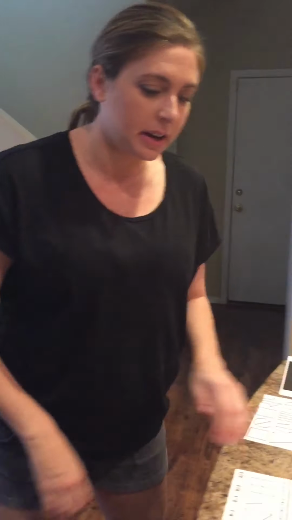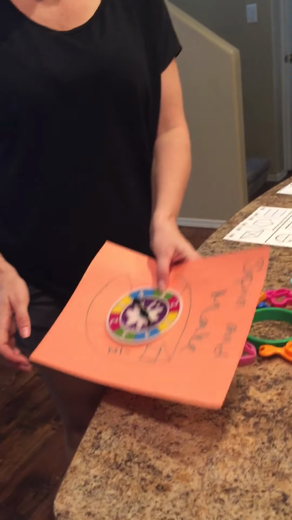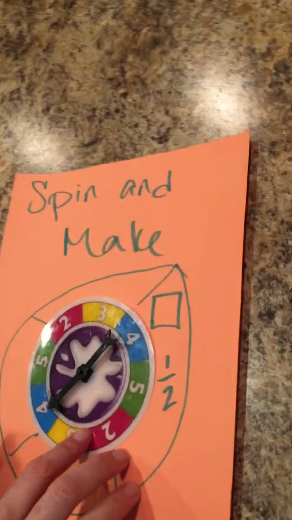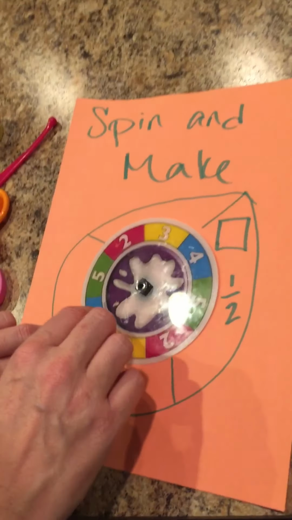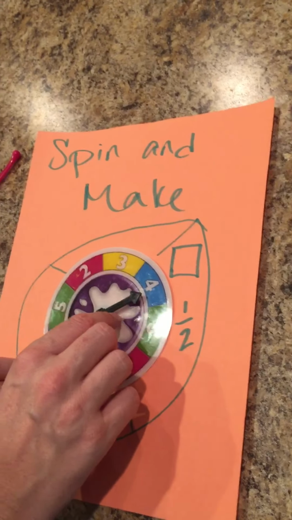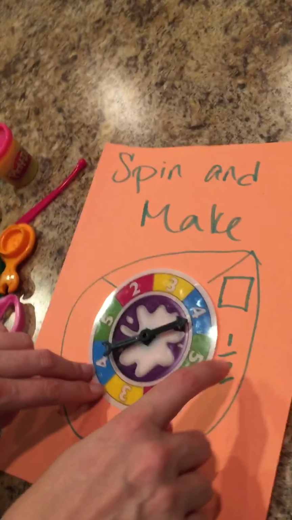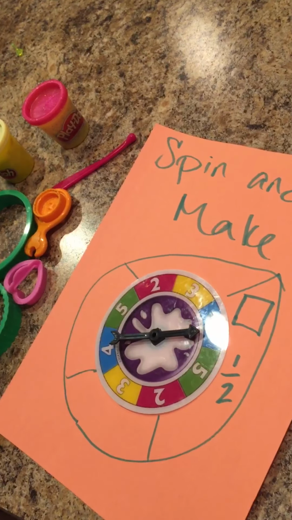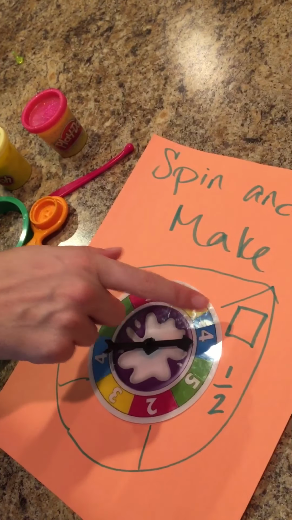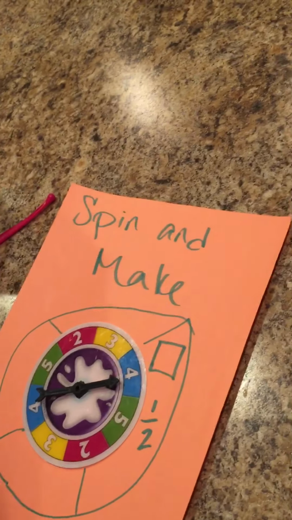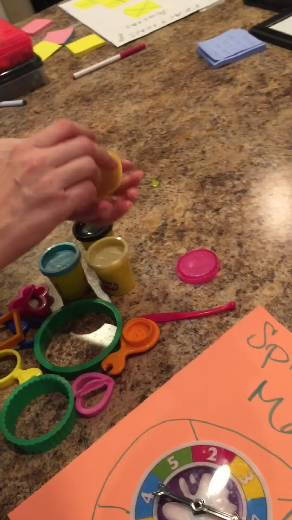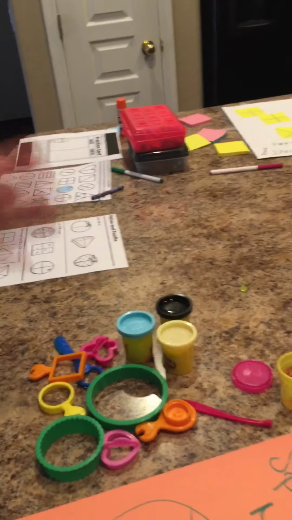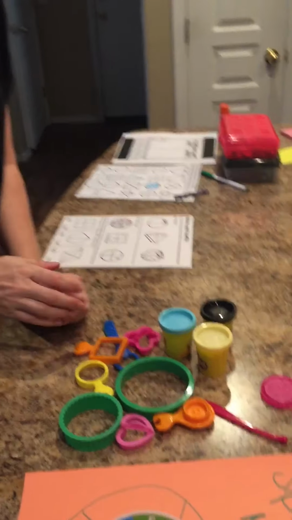All right, in our next station, we're going to have spin and make. So you'll be with a partner in your table groups, and you'll each take turns. One of you is going to spin the wheel, and wherever it lands, let's say it lands here on square and half, I am going to make the shape that it's asking me to make. In this case, it's a square, and we're going to use our Play-Doh. I'm going to take my Play-Doh and make that shape.